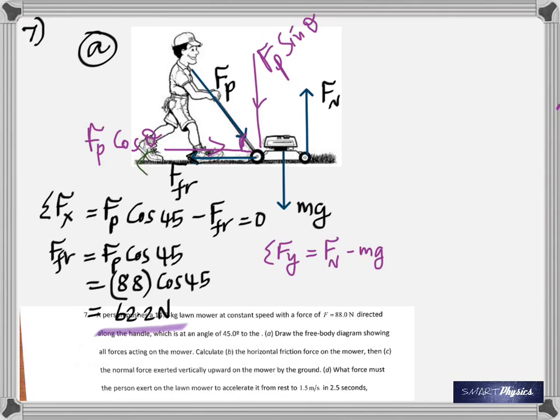Did you get it? A little different from what I was telling you, because I was saying that it was moving, right? In this case, there's no acceleration. Then when you consider the net forces along the y-axis, you have Fn, mg, and you also have Fp sin theta.